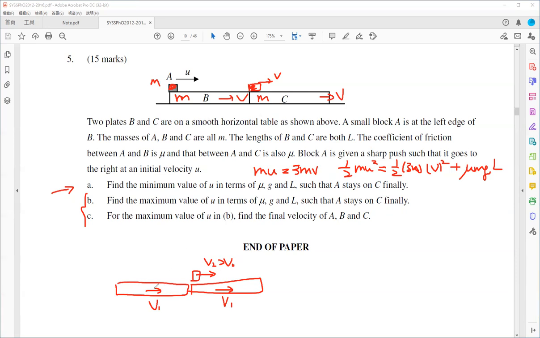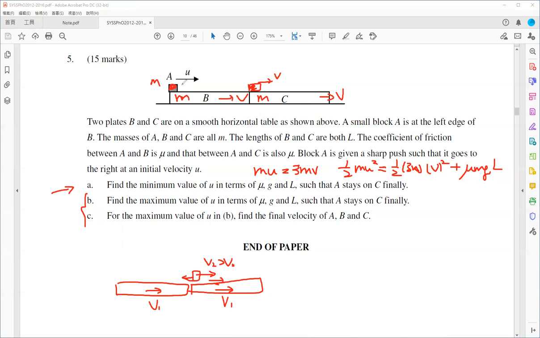At this part, you need to let the v2 be larger than v1, because you need to solve for v1. Now, do you know there's a friction between this object A and object C? The friction has a direction like this. On the object A it is backwards, on the object C it is forwards. So you know object C will accelerate, such that B and C are no longer touching each other.